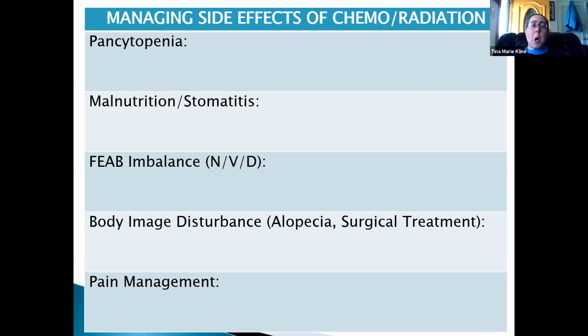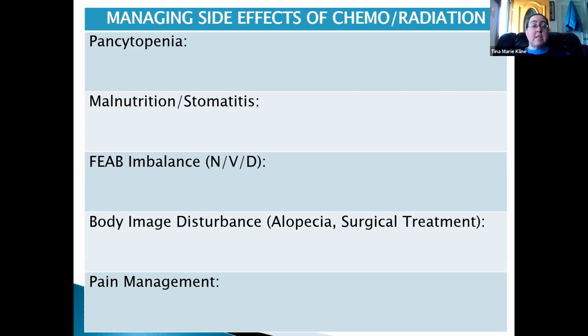Even moving their mouth, talking, swallowing, trying to take a drink just causes excruciating pain. So they don't want to eat or drink. That obviously is going to contribute to malnutrition. Plus you have the fact that the cancer cells are using up that energy much more quickly than your normal cells.